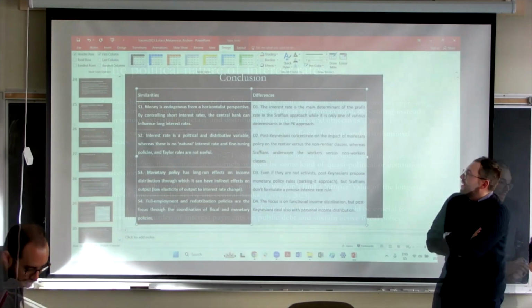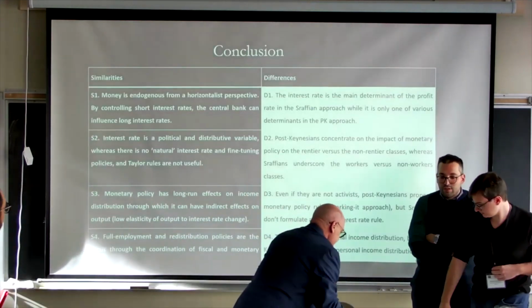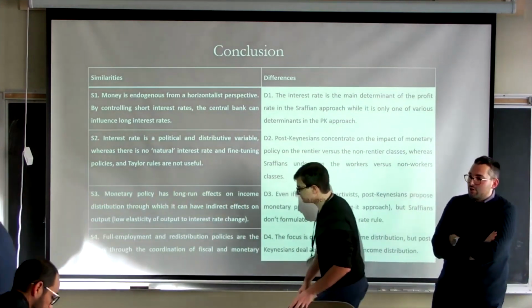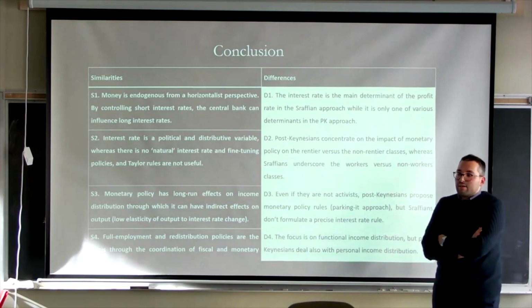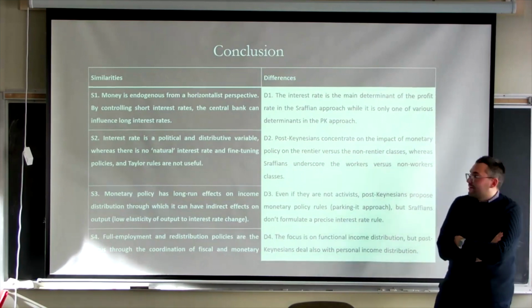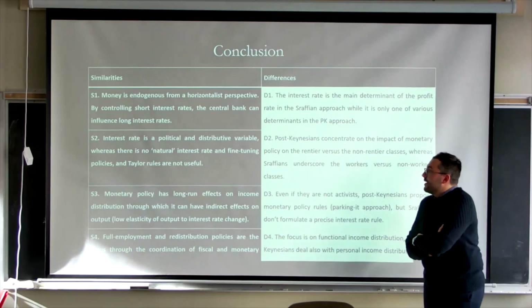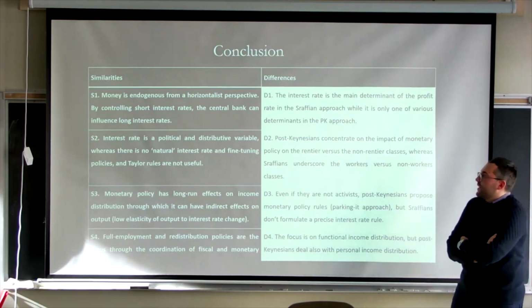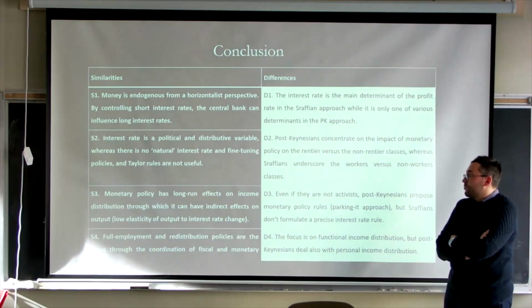So the first similarity is that in both these approaches, money is endogenous from a horizontalist perspective: the central bank can set the short-term interest rate, but can also have tight control on long-term interest rate. In both frameworks, we think that interest rate is a political and distributive variable.